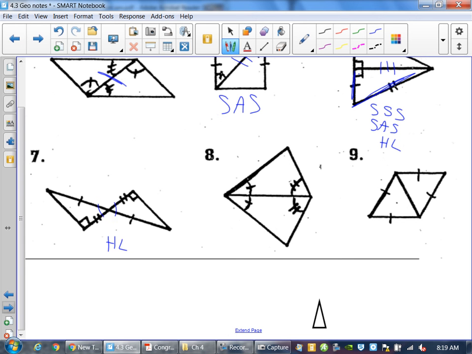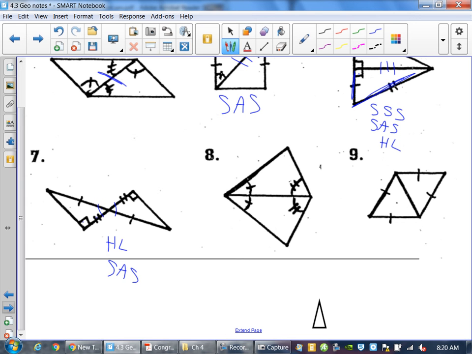But you've got vertical angles though. In this case here, you can have vertical angles. Now, on your progression sheet, there's a diagram picture. It says, look for vertical angles. This is a great example of when you have vertical angles. So in this case, you could possibly have hypotenuse leg. You could have side angle side. What's another one you could have? Nope, I don't have that 3rd side.